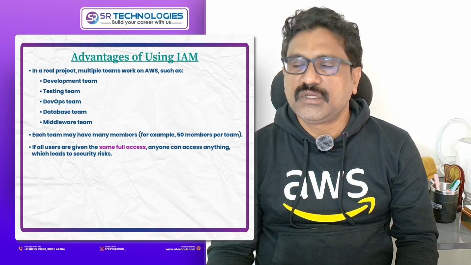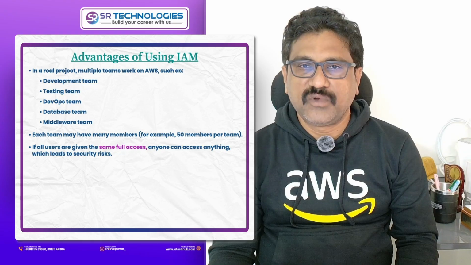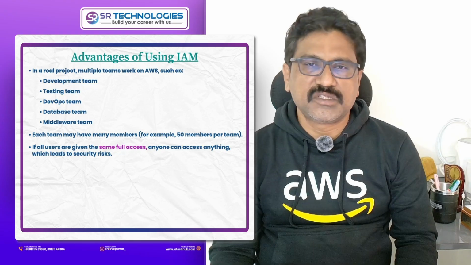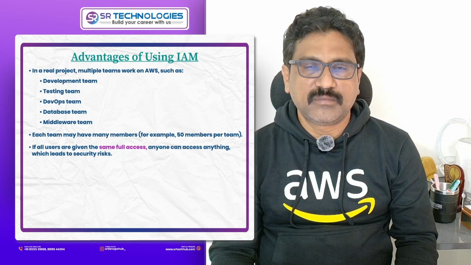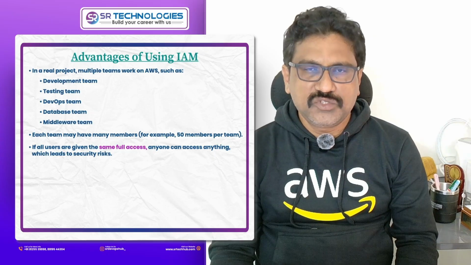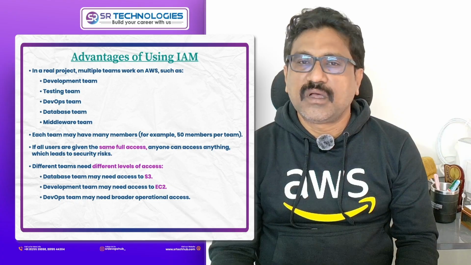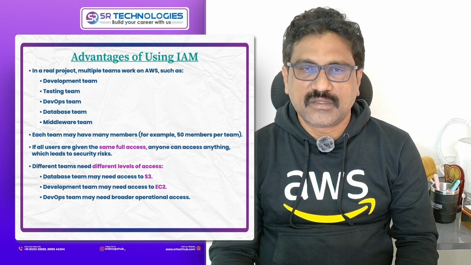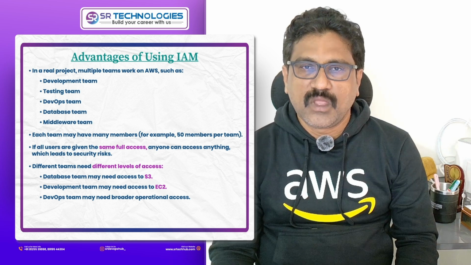So you cannot restrict them. If everybody has full access, freshers and experienced people, development team and database team, everything. But usually each team should have their own priorities for the access. For example, the database team needs access for S3.